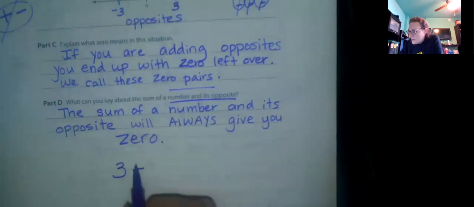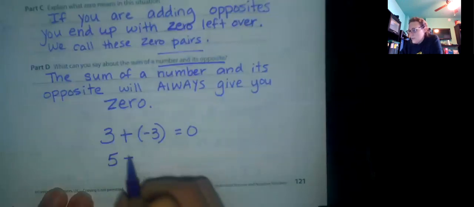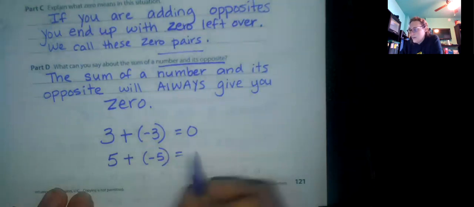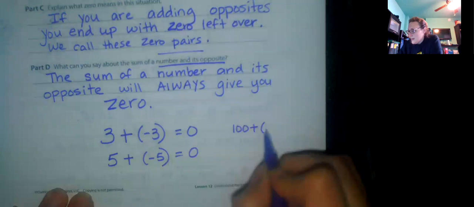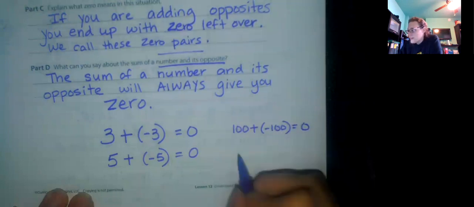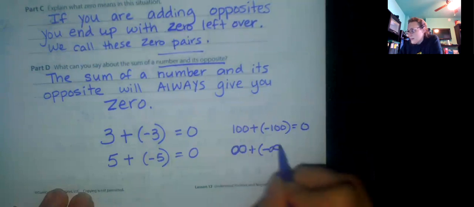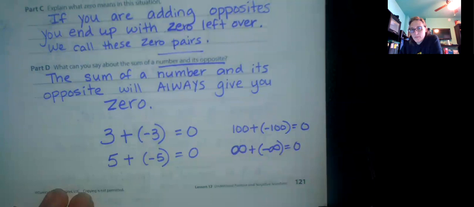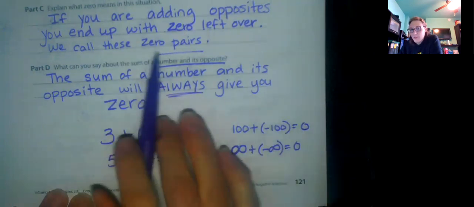So 3 plus a negative 3 equals 0. 5 plus a negative 5 gives you 0. 100 plus a negative 100 gives you 0. Okay, so no matter what it is, positive infinity plus negative infinity gives you 0. So it will always give you 0 because of that 0 pair rule.